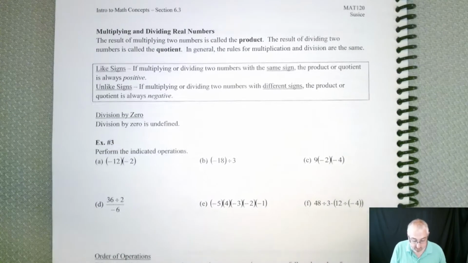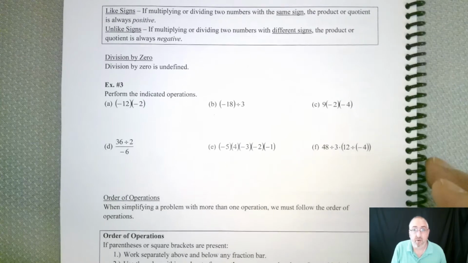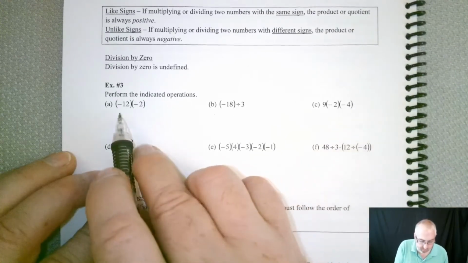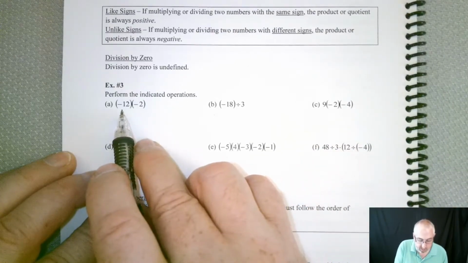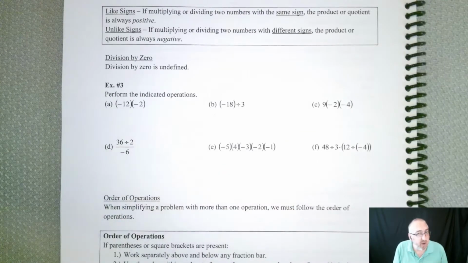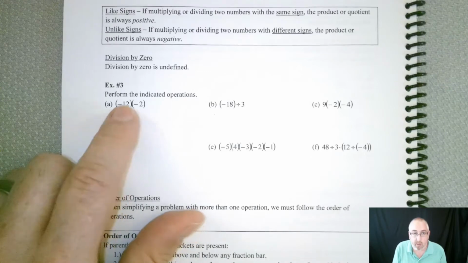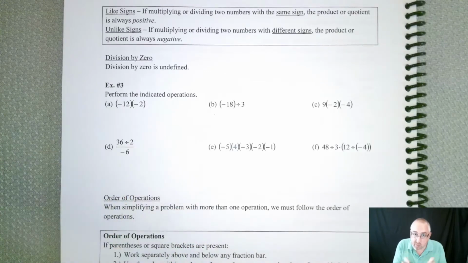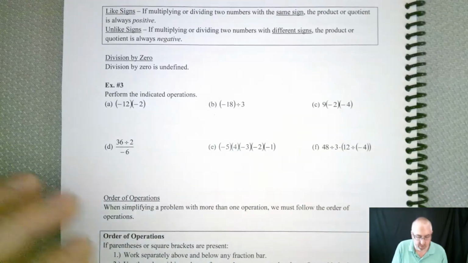All right, let's do a few examples just to make sure you've got it down. We're multiplying negative 12 times negative 2. If you're a little rusty with the notation for multiplication, this is one way we can do it: we use parentheses around the numbers and squish them right tight together. That means multiplication.